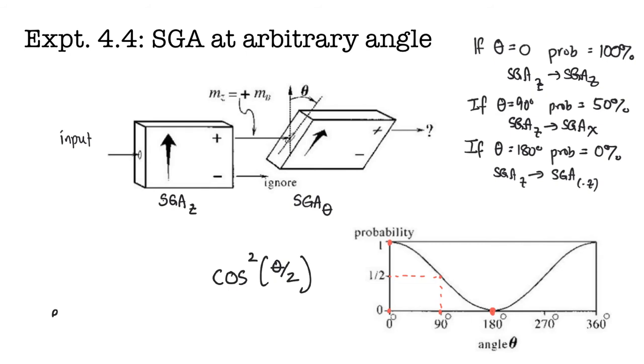So for example, let's look at 90 degrees. At 90 degrees, we would have the cosine squared of 90 degrees over 2, which is the cosine squared of 45 degrees, which is cosine of 45 is 1 over root 2.